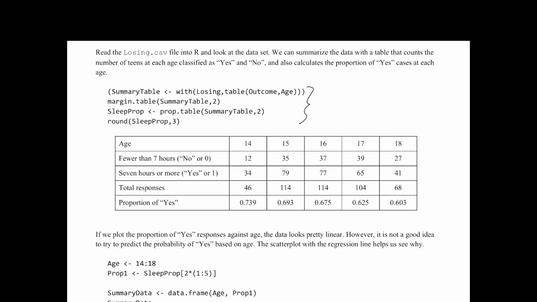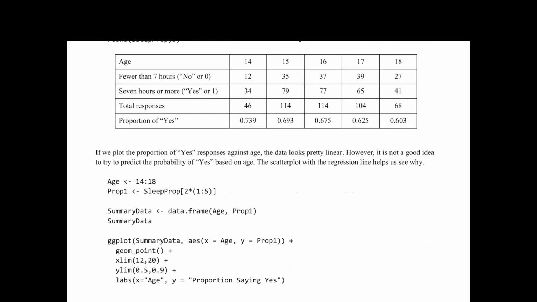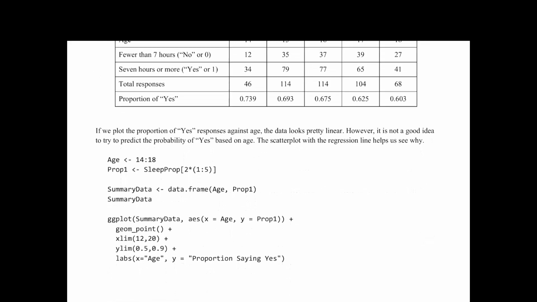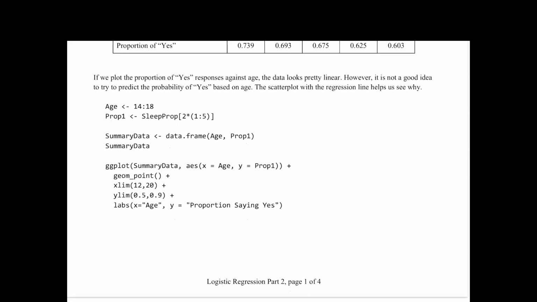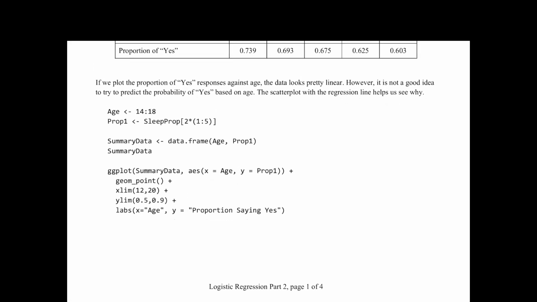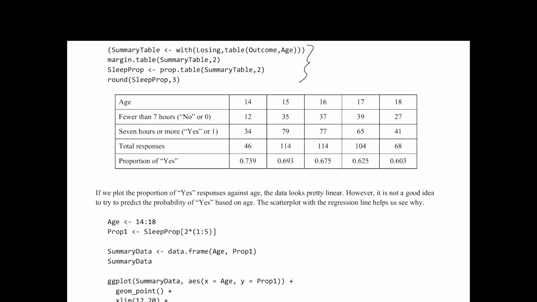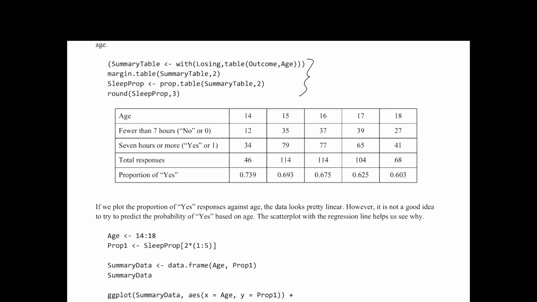So then I wanted to plot the proportion of yes against age. And so I created a new data frame. So basically I made age as a variable from 14 to 18, and then I created this prop 1, which comes from this sleep proportion up here.